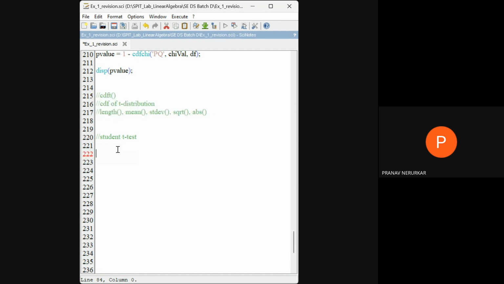So I will implement the two-sided test, in which we only understand whether the average is different from a particular number or equal to it.